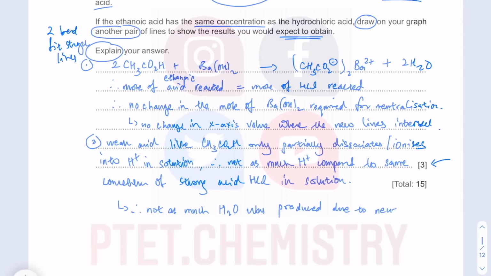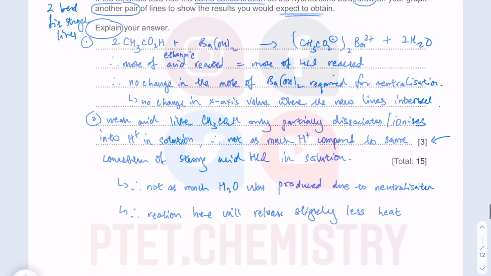If that is true, then it will release less heat. Therefore, the reaction here will release slightly less heat. So it is still exothermic because you are still reacting H plus with OH minus, but you will be releasing less heat. Therefore, slightly lower temperature rise. So your y-axis where they intersect will be lower.